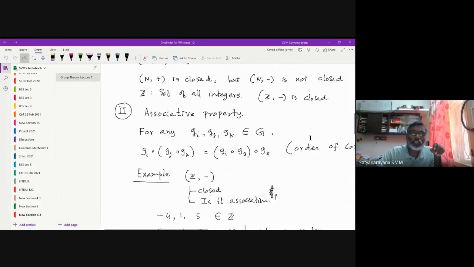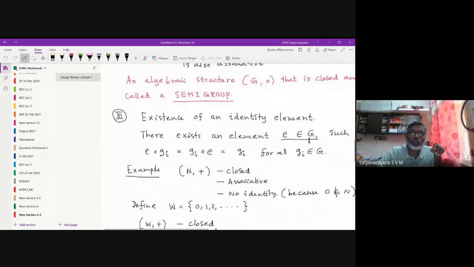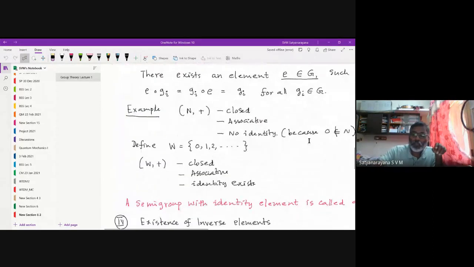So what I'm trying to say is, at this point you want to write it like this. Let's say this composition is G cross G to G. That is what it is.